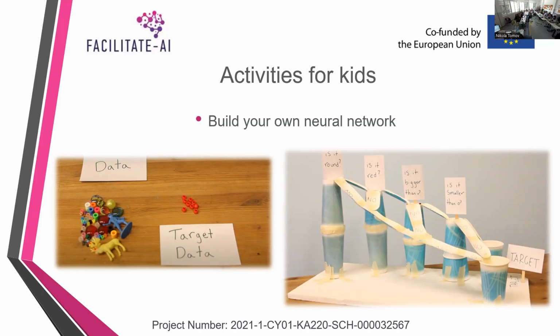You have the input data, which is the balls, and you want to distinguish the red little balls. So the target is the output. Place the cups like this, create some kind of slopes, and say, is it round? Yes, go there. If it's not, go here. Is it bigger than this? Yes, go there. If it's not, go here. And then you end up with a target.